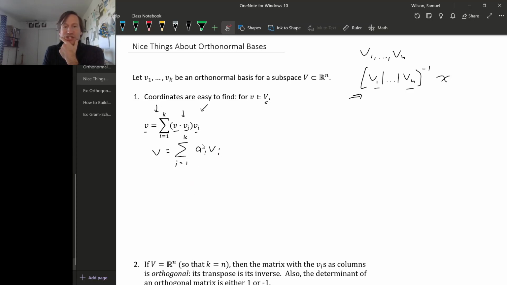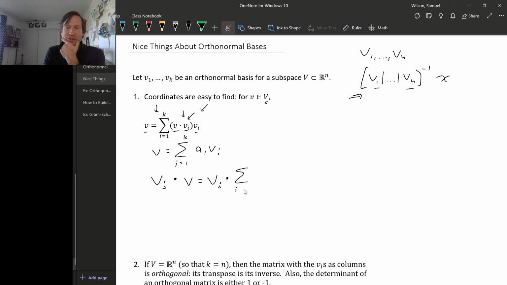Okay, and we just need to know what are these a_i. So hopefully it'll turn out to be these dot products, but let's check. So what we can do is for each i, take the dot product with v_i. I guess I should take the dot product with v_j. So what do we get when we dot this with v_j? Well, if we dot with v_j on the left, we have to dot with v_j on the right.